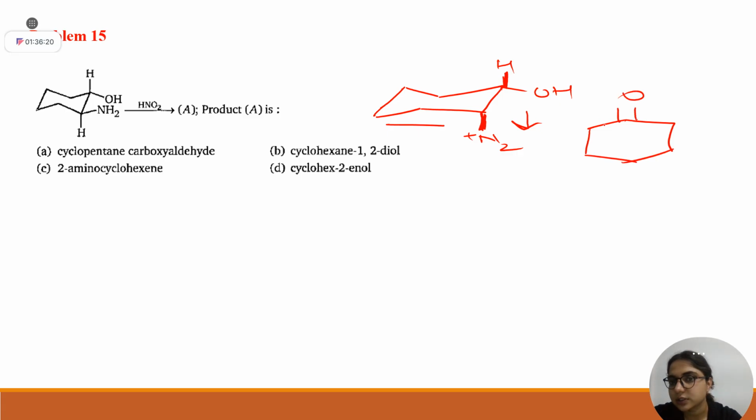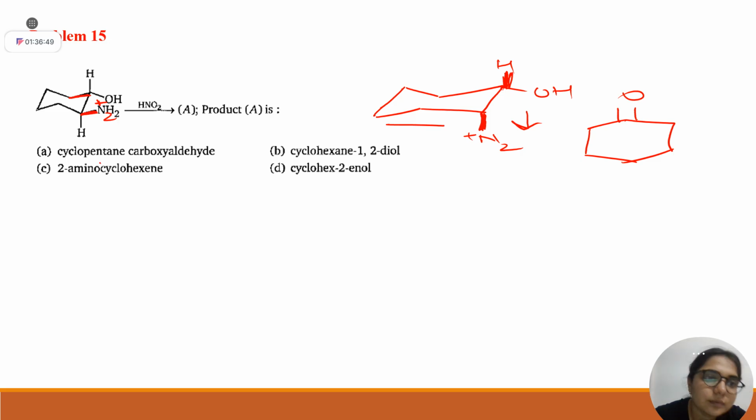From this to this. But in this question, students, if I form N2 positive, here these groups are anti to each other, anti-periplanar, right? But with this NH2, which group is anti? This hydrogen is not anti to the NH2 or N2 leaving group, but this carbon bond is anti, right?